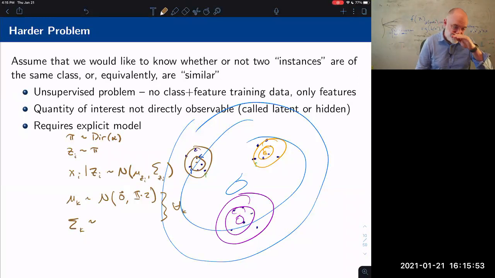So one way of doing this, there's a couple. I'll give you a couple examples, right? This could be inverse Wishart. If you're unfamiliar with the inverse Wishart distribution, it doesn't really matter that much, except to say that you should know that it's there and that the multivariate normal inverse Wishart distribution is a conjugate distribution for the mean and covariance matrix of a normal distribution.